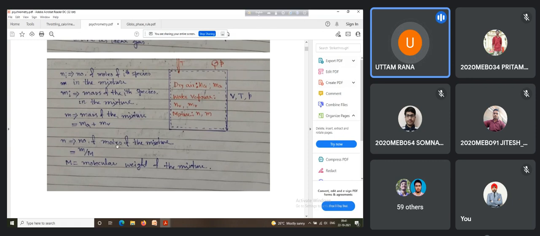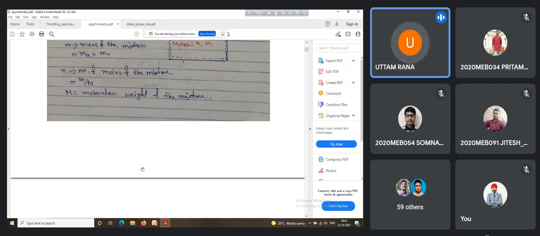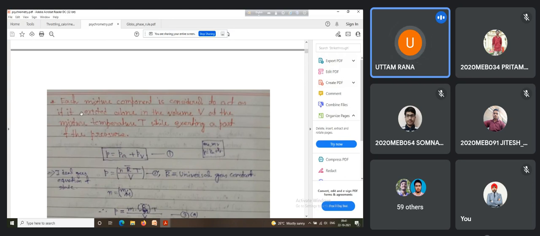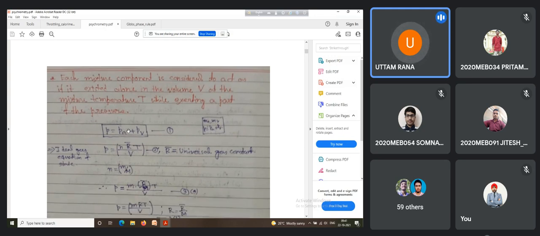So the total number of moles of the mixture will be equal to total mass M divided by molecular weight of the mixture. Each mixture component is considered to act as if it existed alone in the volume V. So at the temperature of the mixture, we can write pressure P is basically the partial pressure of the air plus partial pressure of the vapor.